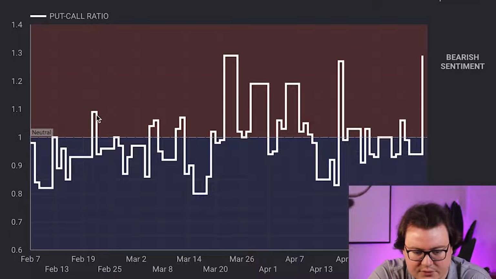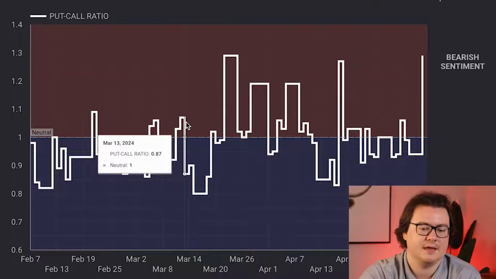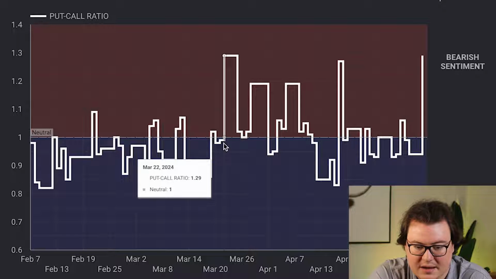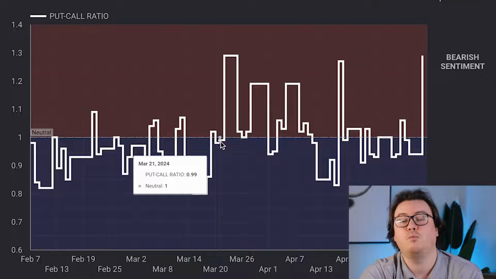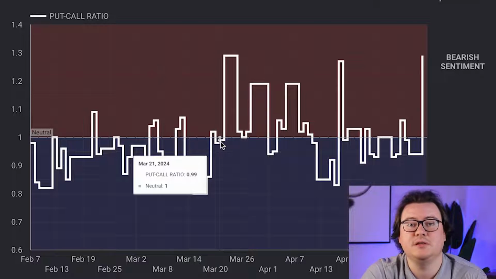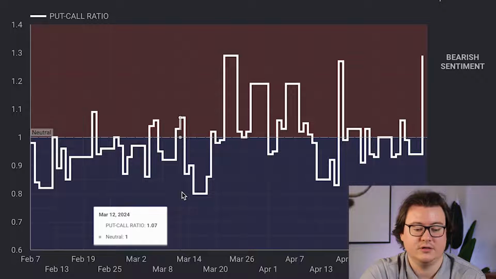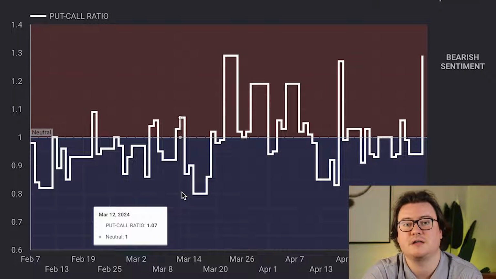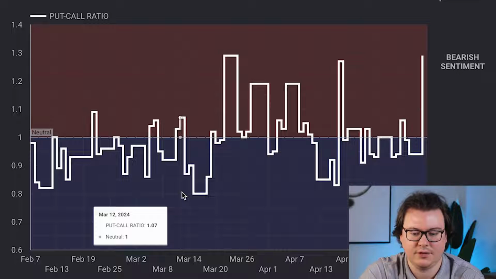Yes, for a day or two, it did pop up into the red, but overall, from about February 7th all the way up until about March 21st, we had way more bullish sentiment days than we did bearish sentiment days. That tells me that for a very long, extended period of time, over a month, investors were very bullish on the stock market day after day, continuing their bullish outlook.